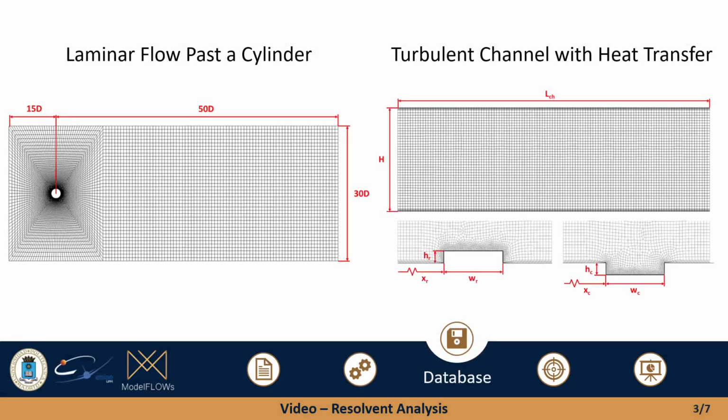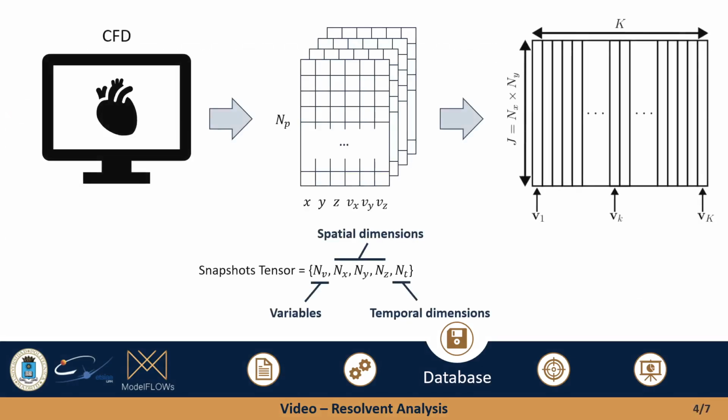So again, going back, we have used two different databases: the laminar flow past a cylinder as a validation and a turbulent channel with heat transfer for further analysis. With these two problems, we do the CFD, we obtain the databases, and then we extract each time step, each snapshot, as a file that has the different spatial dimensions, but also the velocity.